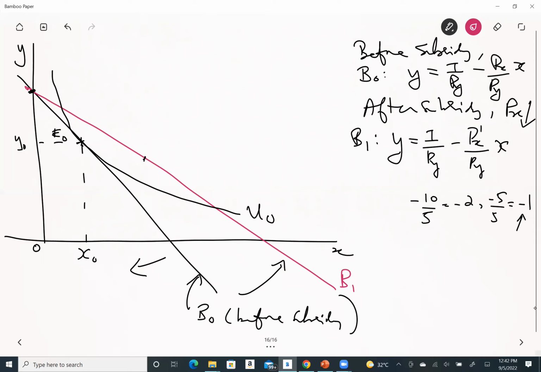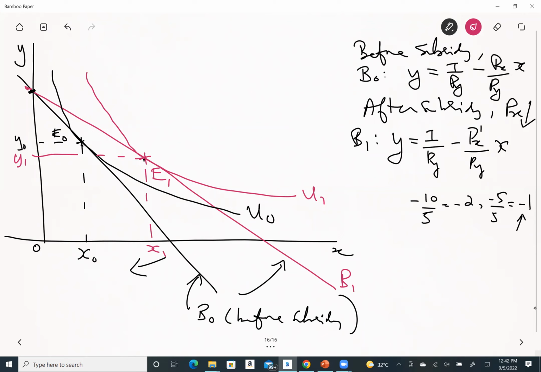You draw nicely, okay? I may not be able to draw it so nicely, because it is difficult. There it is. Okay, that's U1. So I got equilibrium here, E1. I got X1. I got Y1. Okay. All right. So E1 is the equilibrium after subsidy.